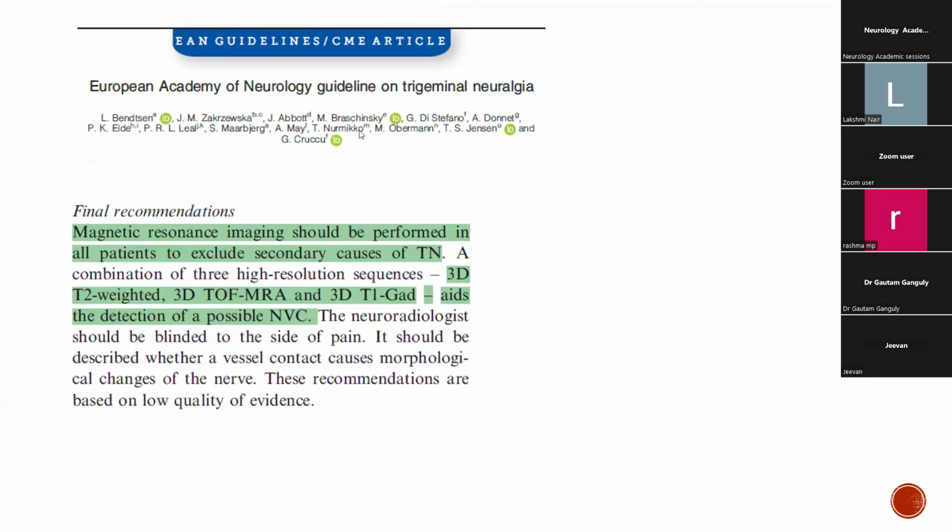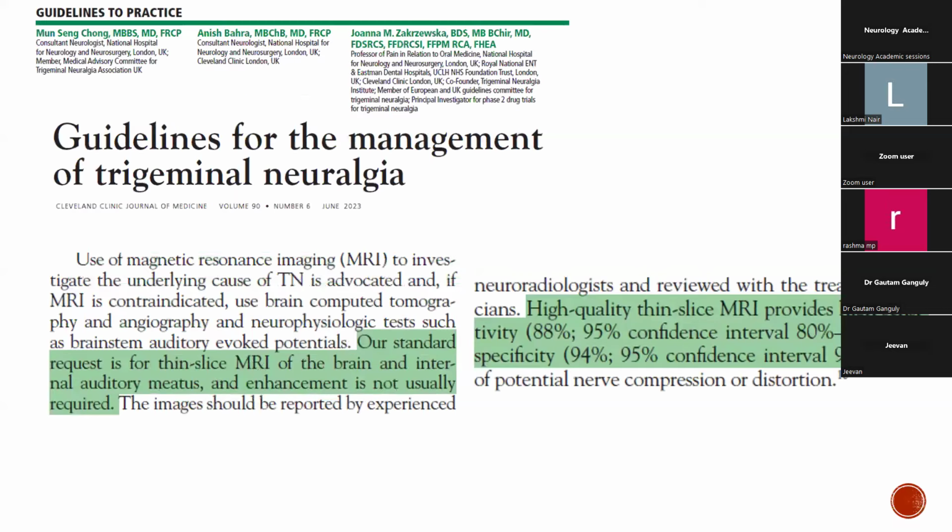So now, based on these studies, the European Academy of Neurology 2019 guidelines recommend that MRI should be performed in all patients to exclude secondary causes of trigeminal neuralgia, and a combination of 3 high-resolution sequences, that is 3D T2 weighted, 3D TOF MRI, as well as 3D T1 gadolinium enhanced, helps in the detection of possible neurovascular compression.